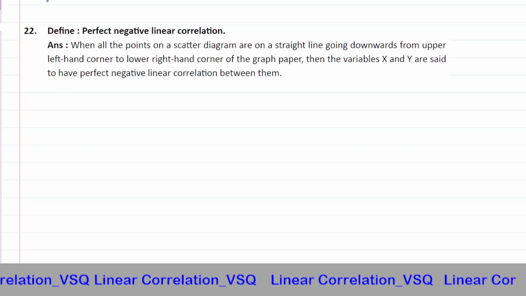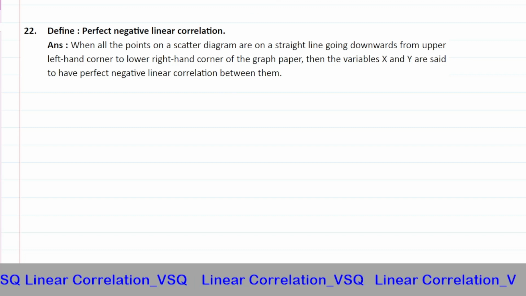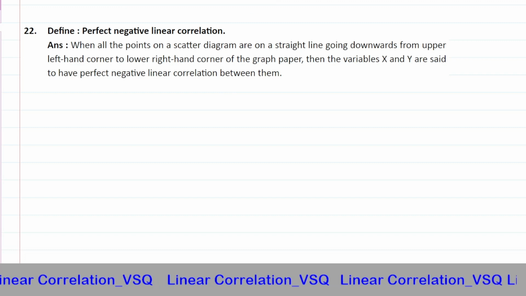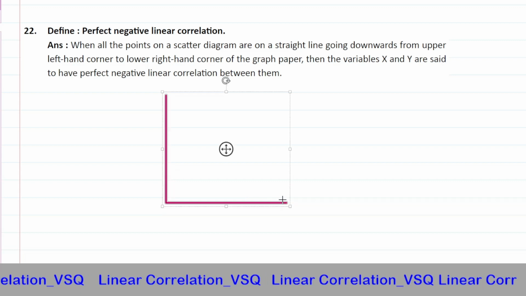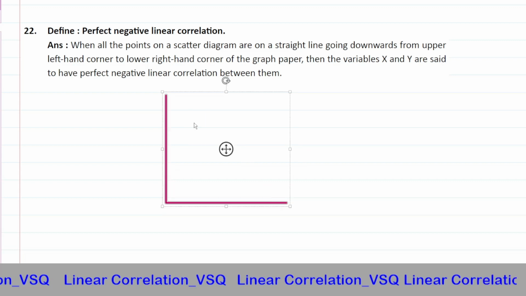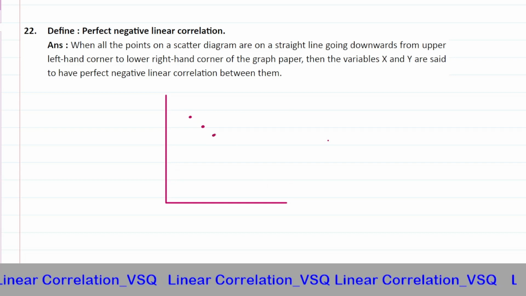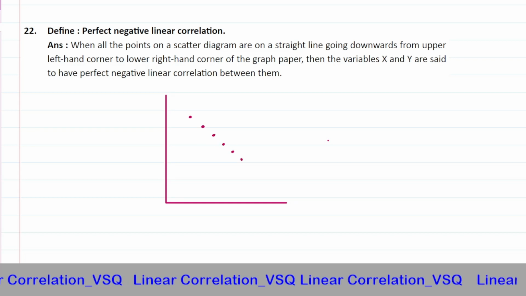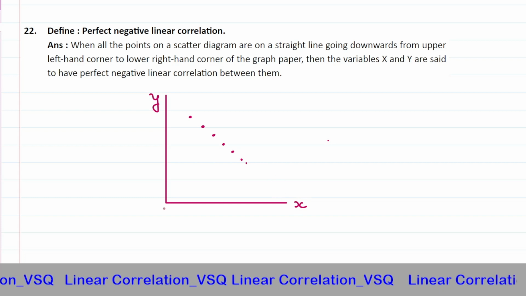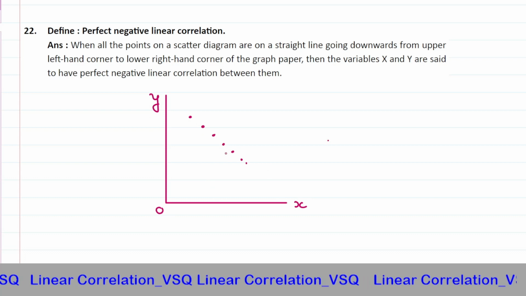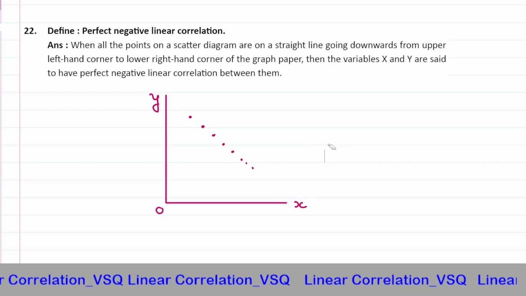Question number 29. Define perfect negative correlation. In perfect negative correlation, all the points of a scatter diagram lie on a straight line in decreasing order, and then there is perfect negative correlation between x and y.